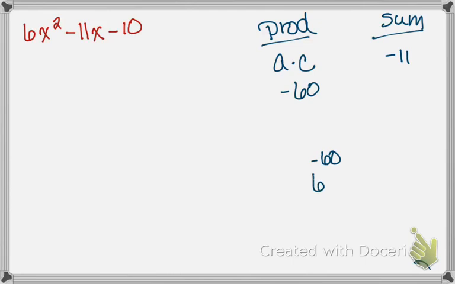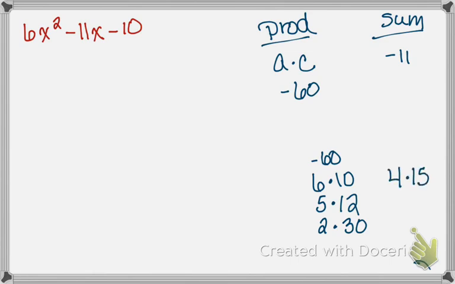So I'm going to say 6 times 10. Because it ends in a 0, I know 5 goes into it. So 5 times 12. Because it's even, 2 goes into it. So I have 2 times 30. Another one is 4 times 15.